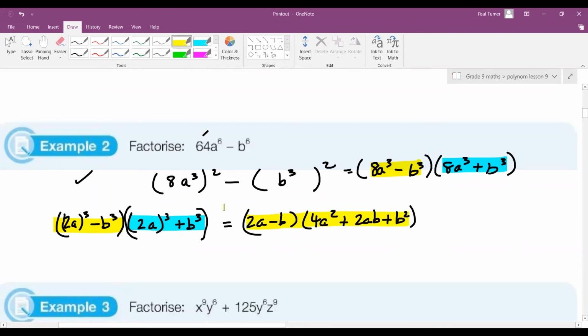That's the yellow part. Now we do the same for the blue: 2a plus b and 4a squared minus 2ab plus b squared. That's finished.